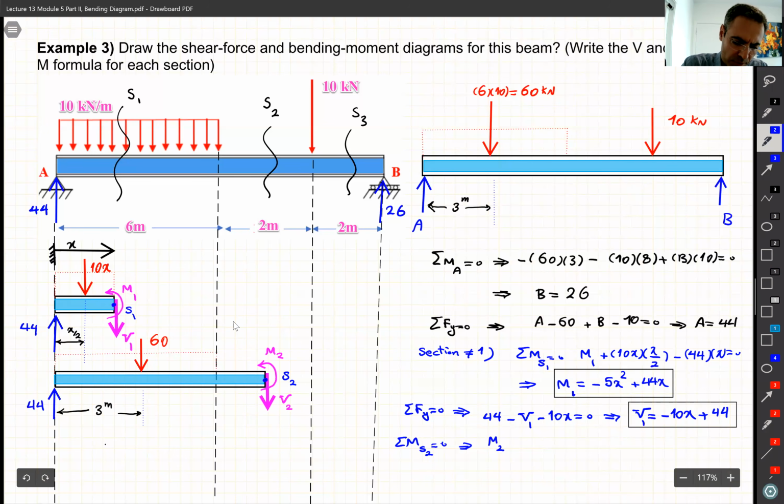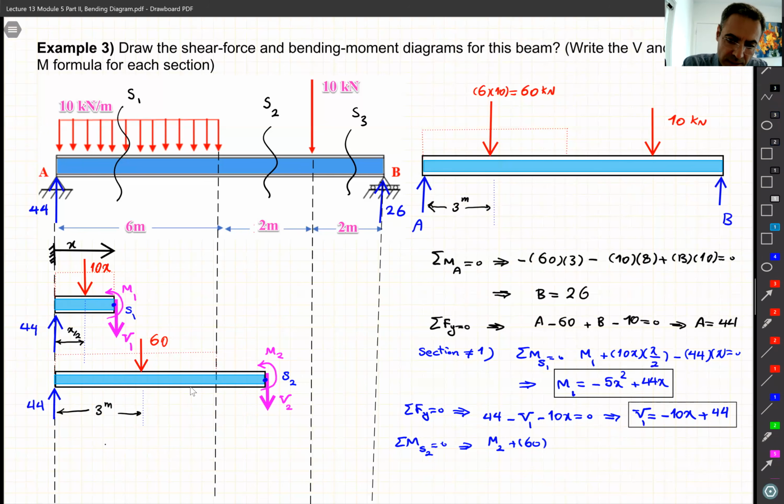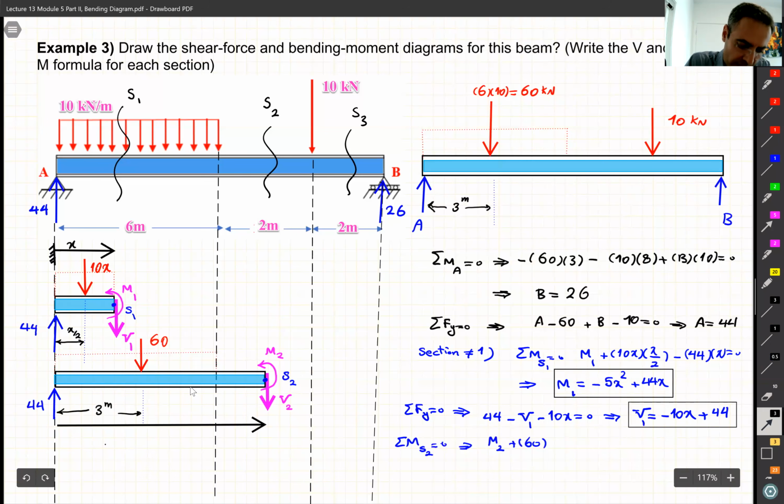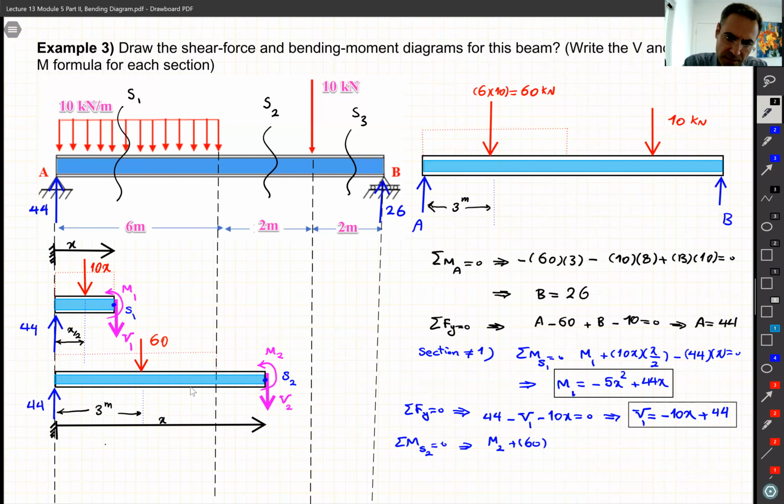We have M2. We have 60 multiplied by the distance. Be careful about the distance. Remember, the whole thing from the beginning to that point is X. This is one of those things that I always make mistakes on. So from the beginning to here, we have X. So if the whole thing is X, then it means it's going to be X minus 3.